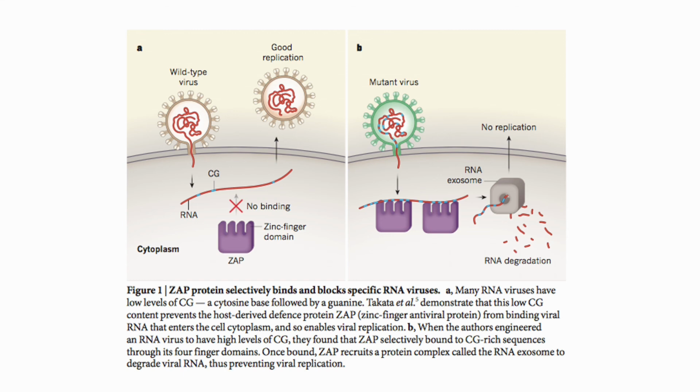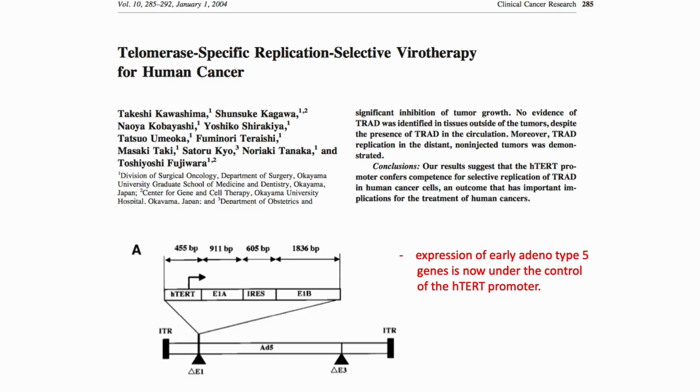The last slide provides a very good example of that, and I'm not going to say much about it. Basically, this was done in Japan a few years ago, and it's taking advantage of the fact that in tumor cells there is an upregulation of telomerase activity.